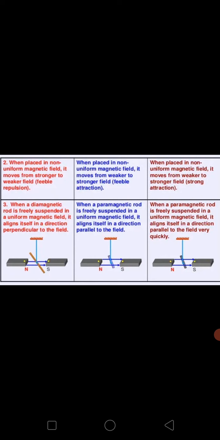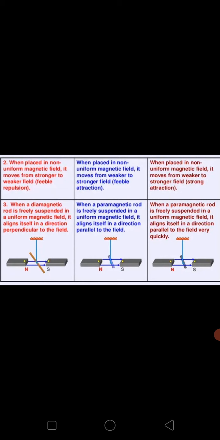Means it will be attracted by the magnet, or moved towards the stronger part, the region where the magnetic field intensity is more. Similarly, the ferromagnetic substance, when placed in a non-uniform magnetic field, moves again from weaker to stronger field. Because the properties of para and ferro are similar, but the strength in ferro is more as compared to para. So that is why it also moves from the weaker to stronger region of the magnetic field.